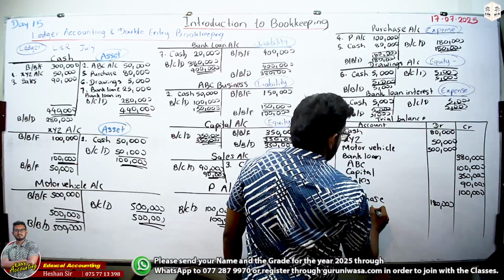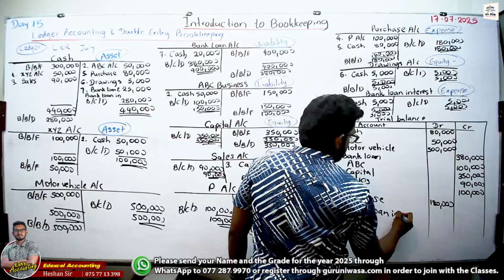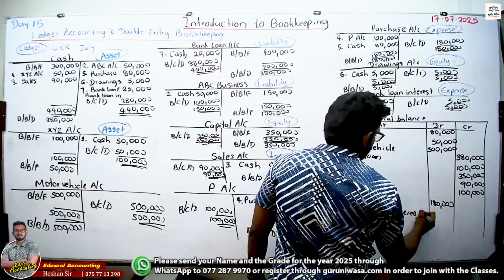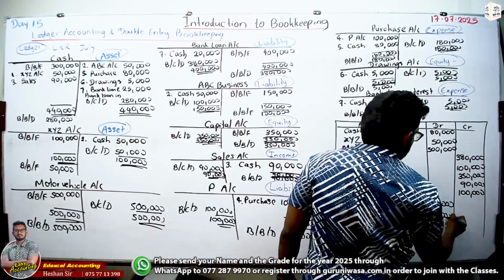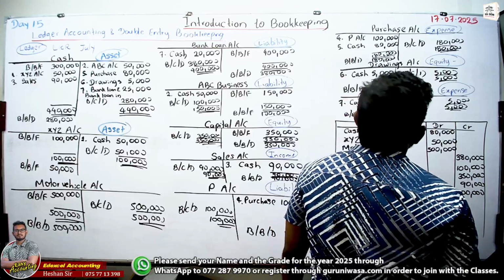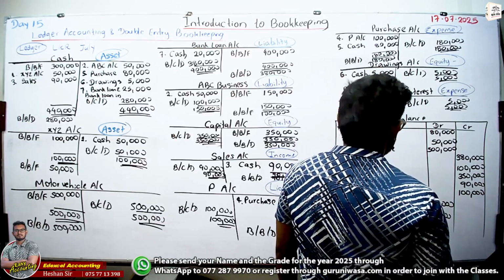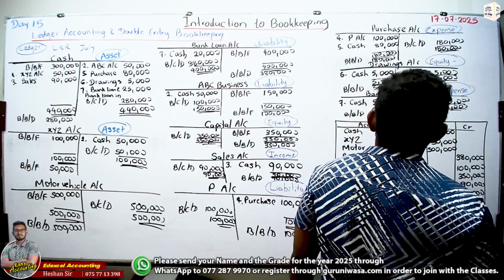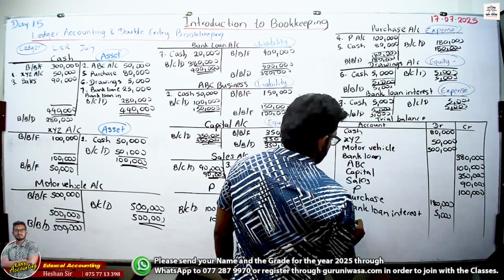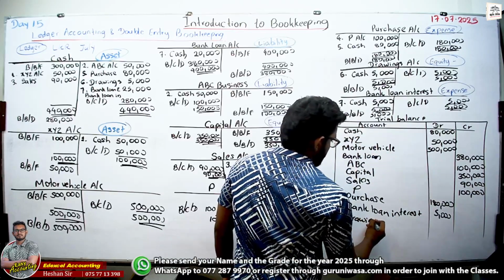Bank loan interest side. Something is wrong. We missed the drawings account. Drawings account also 5,000.